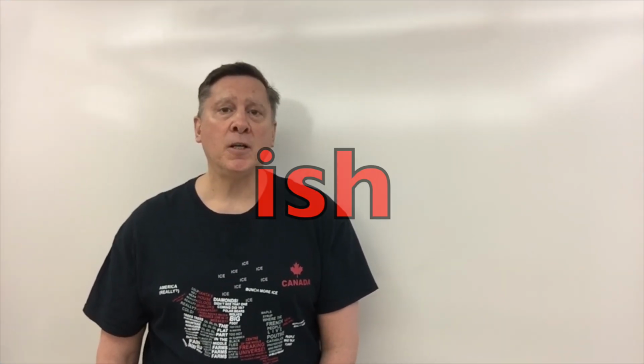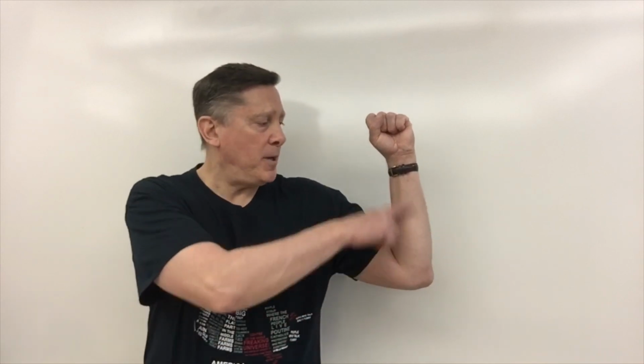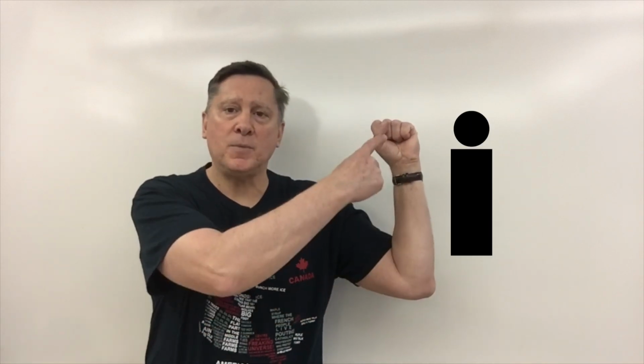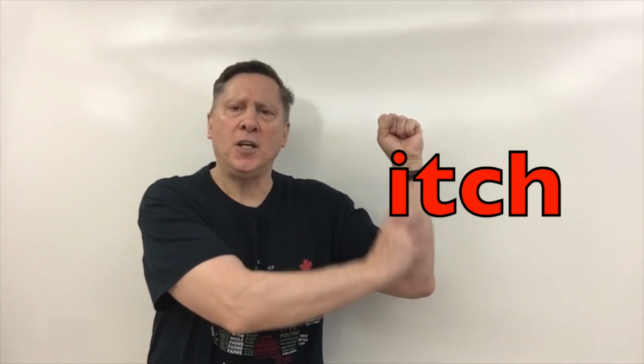The word ending we're looking at this week is ish. That has the short vowel I in it. And the short vowel I goes I. One of the ways I remember to do that is to have my fist up like this. This becomes the stick part of the I. This becomes the dot on the I. And I think of itch.